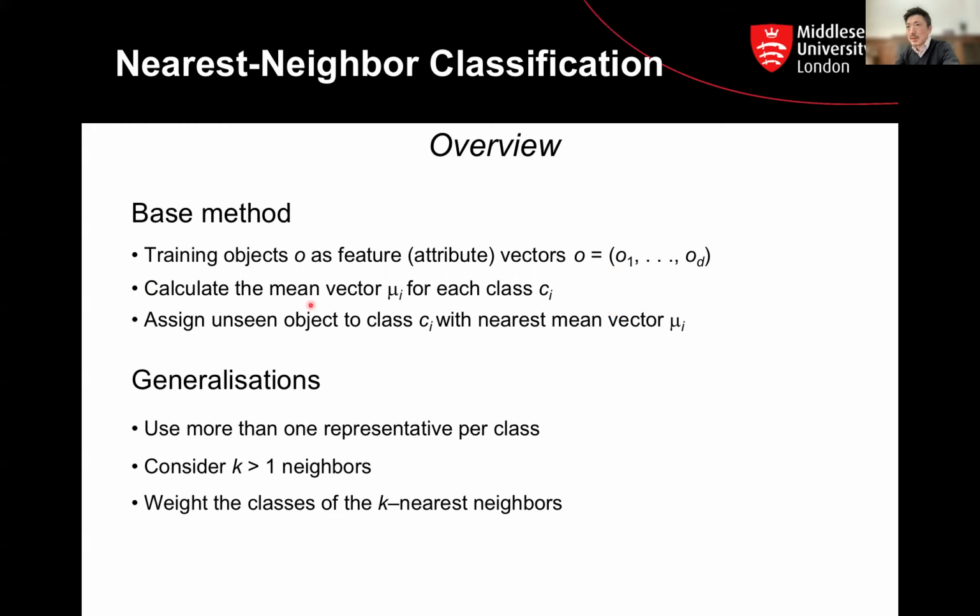And the main idea is to assign the class to the points that are nearest to it. So let's say you have 10 points which you know what their classes are, and you have an 11th, a new point. You can see which points are close to it and use that to assign the class.